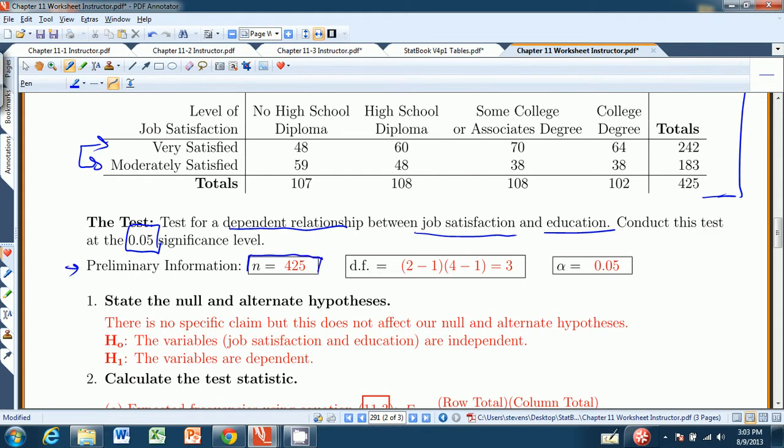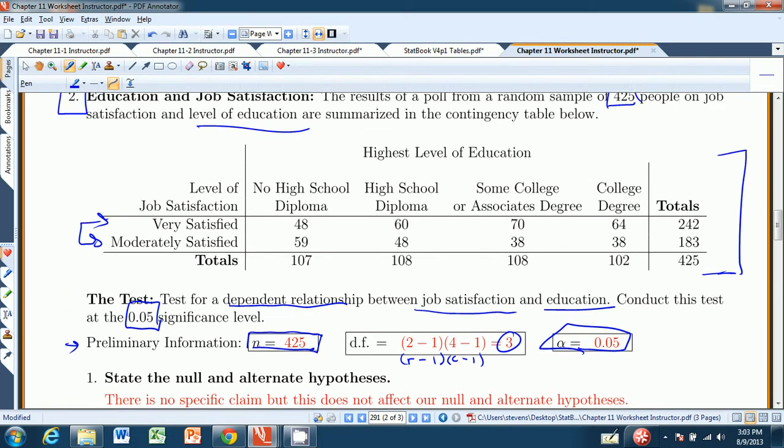N is what we call the table total, and that's over here, 425. The degrees of freedom for a test of independence is the number of rows minus 1 times the number of columns minus 1. 2 rows, 4 columns, that gives me degrees of freedom of 3. The significance level in this particular problem is 0.05.